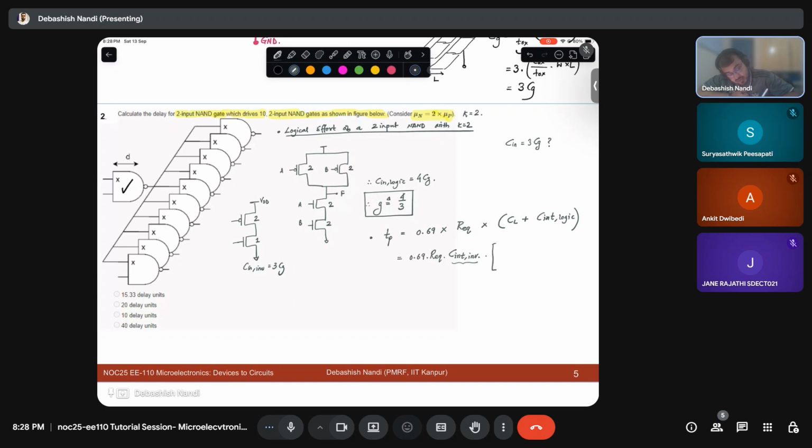And we will have CL by C internal inverter plus C internal logic divided by C internal of inverter. Okay.